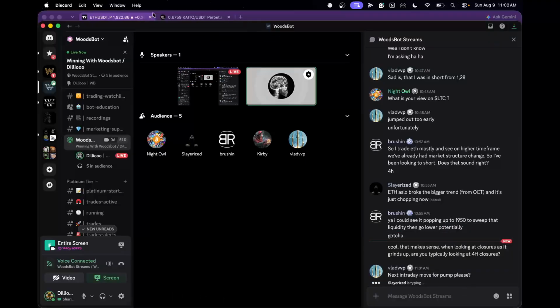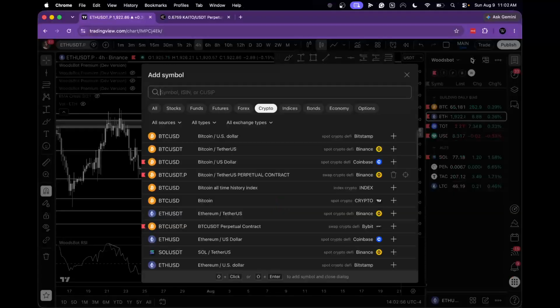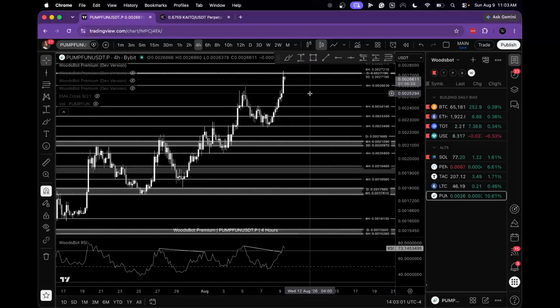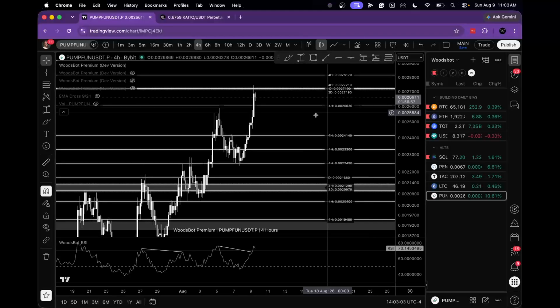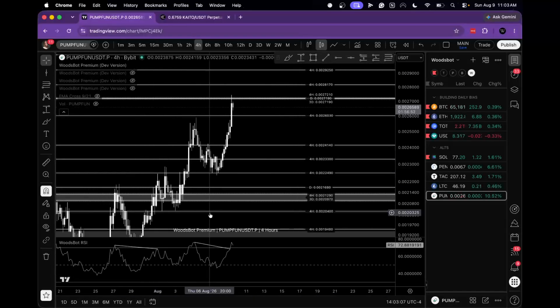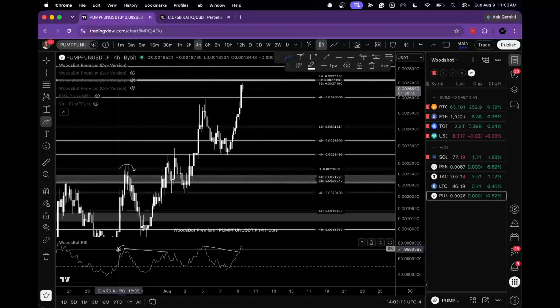Next intraday move for pump. Let's see. Yeah, pump is extremely strong, but you can see the reactions each time it gets into this overbought territory.